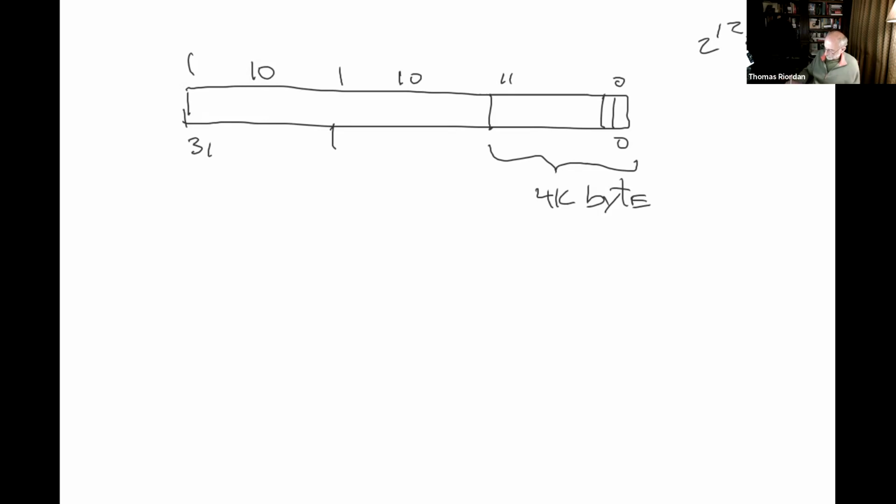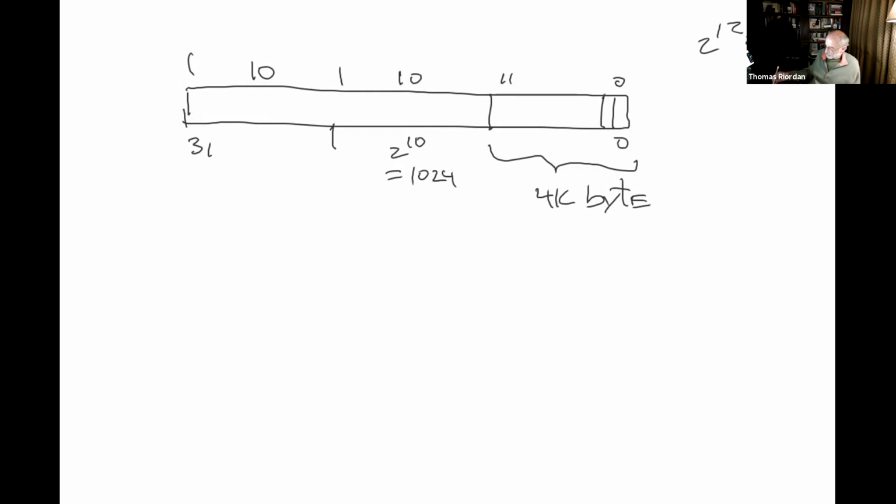And again, 2 to the 10th is equal to 1024. So our radix here, conceptually it's 1,000, a binary 1,000, which is 1024.